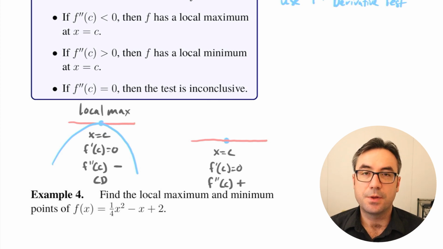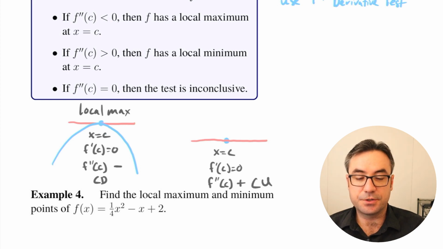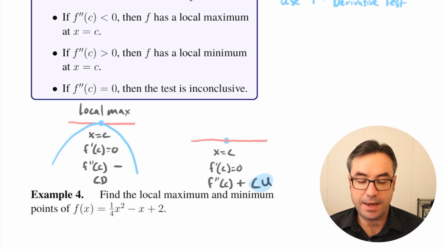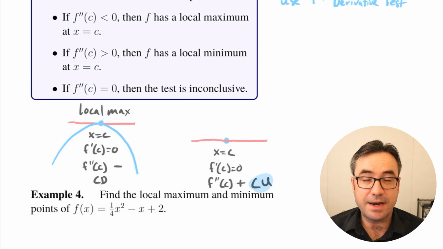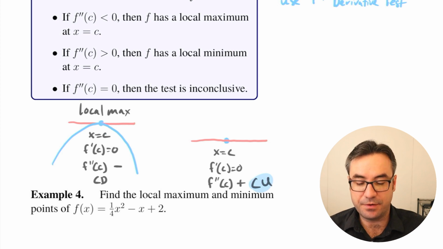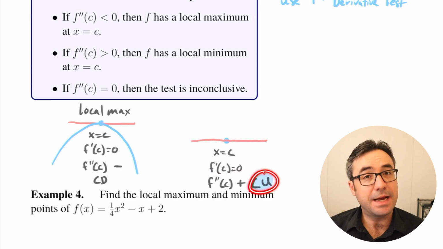Well, positive means concave up. And so there's really only one way our graph can flatten out, which our first derivative is telling us it has to, and be concave up.